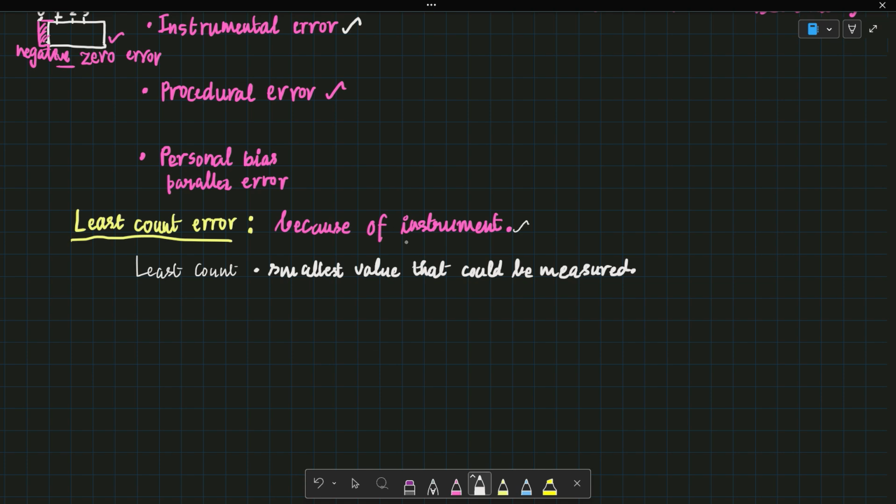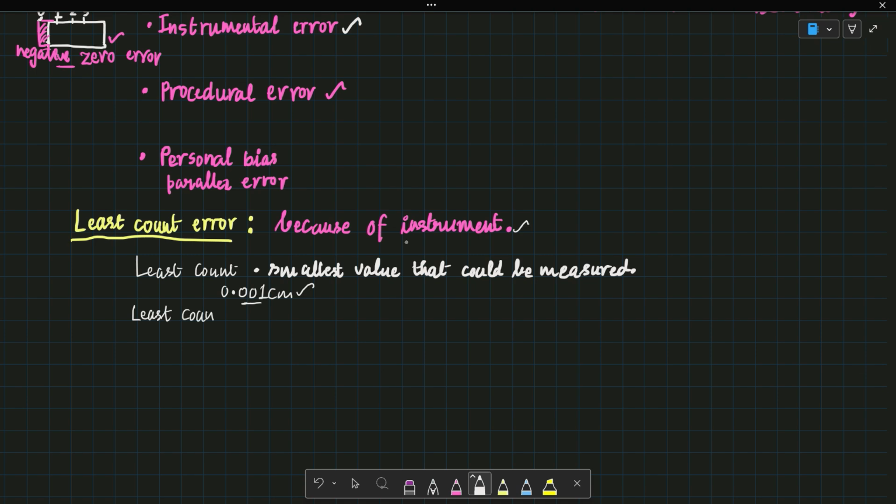In the case of vernier calipers, we can measure 0.01 centimeter. This is the smallest value that can be measured from the vernier calipers. So this much error will always be there. All instruments have a least count, and because of that there will always be a least count error, because you cannot measure more accurately than the least count.